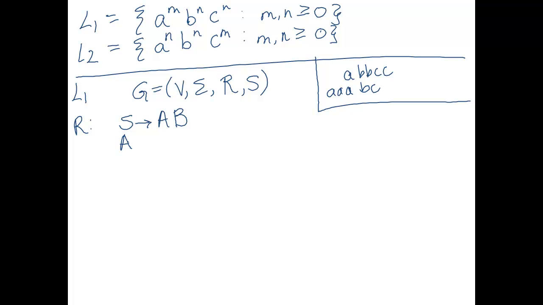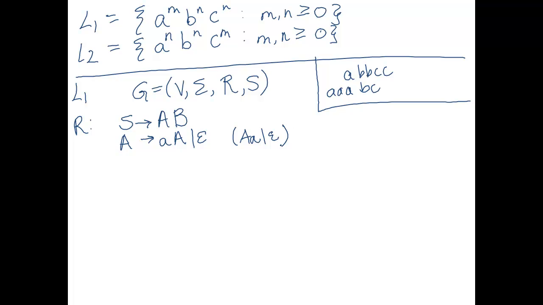So all A needs to do is be able to create 0 or more a's. Okay, so this rule will create as many a's as we want. And we could have written it differently. We could have written it as a A or epsilon. This would have done the same thing. It just depends on how we want to think about the a's spreading out.